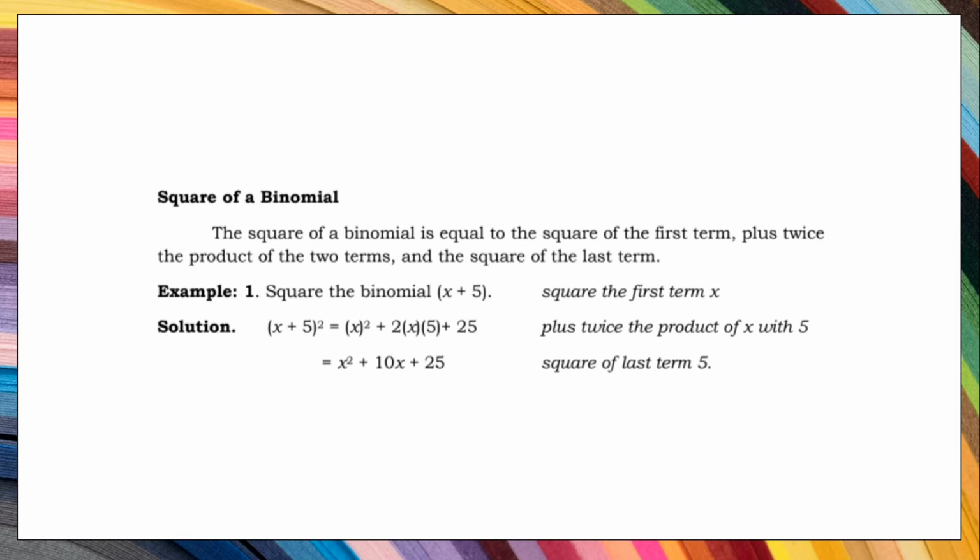So x plus 5 squared is equal to x squared, because we have to square the first term x, plus twice the product of x with 5. So x times 5, then you have to multiply by 2, plus 25, because 5 times 5 equals 25. So the final answer is x squared plus 10x plus 25.